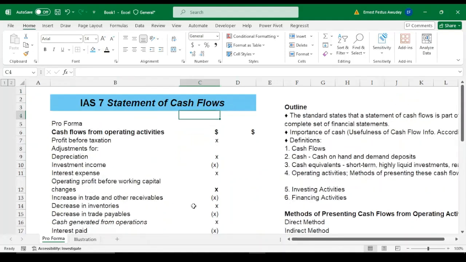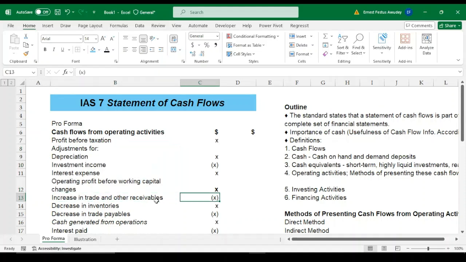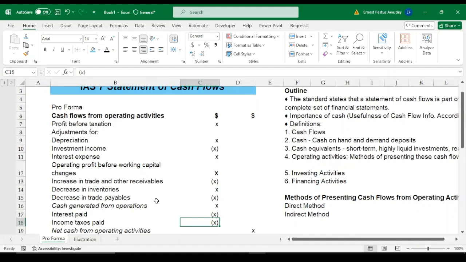Now, the statement of cash flow is presented in such a way that, apart from the reconciliation that is done here to arrive at operating profit before working capital changes, every item that results in an outflow of cash is presented as a negative figure, whilst any item or change that results in an inflow or increase in our cash position is presented as a positive figure.